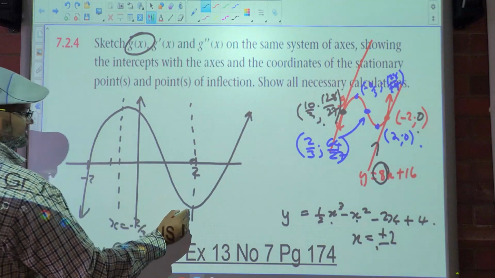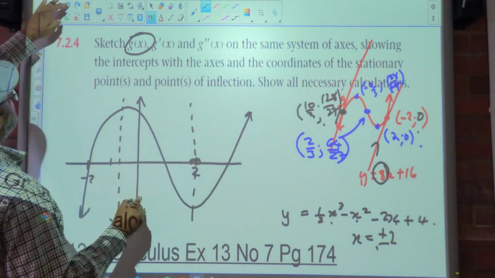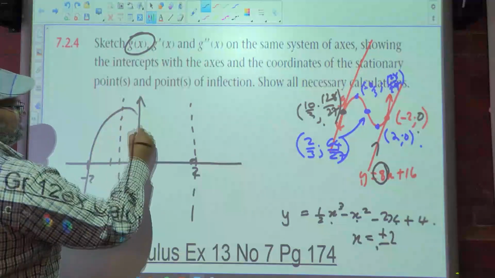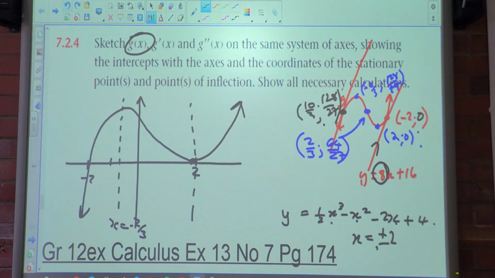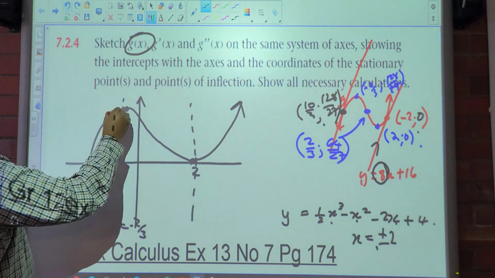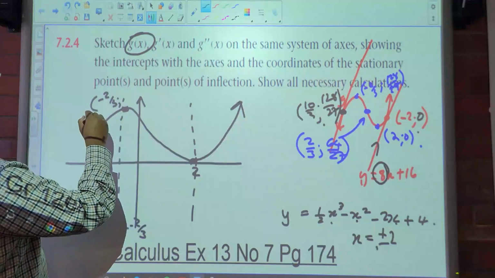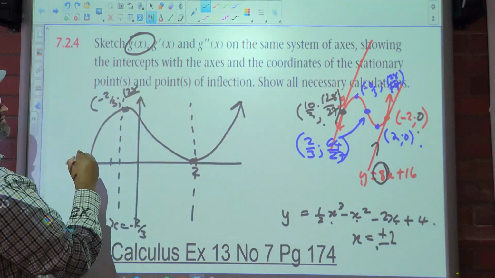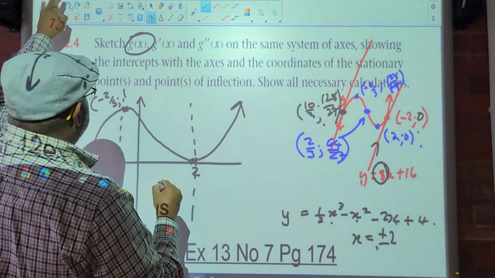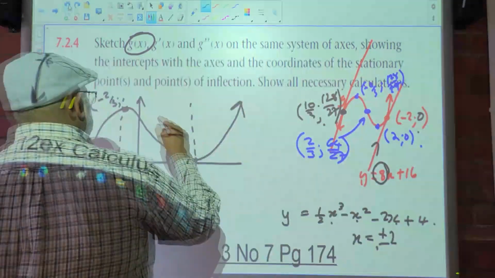This is standing on this point. I'm just messing this up completely here. There we go. The turning point here is known as negative 2/3 and 128 over 27.